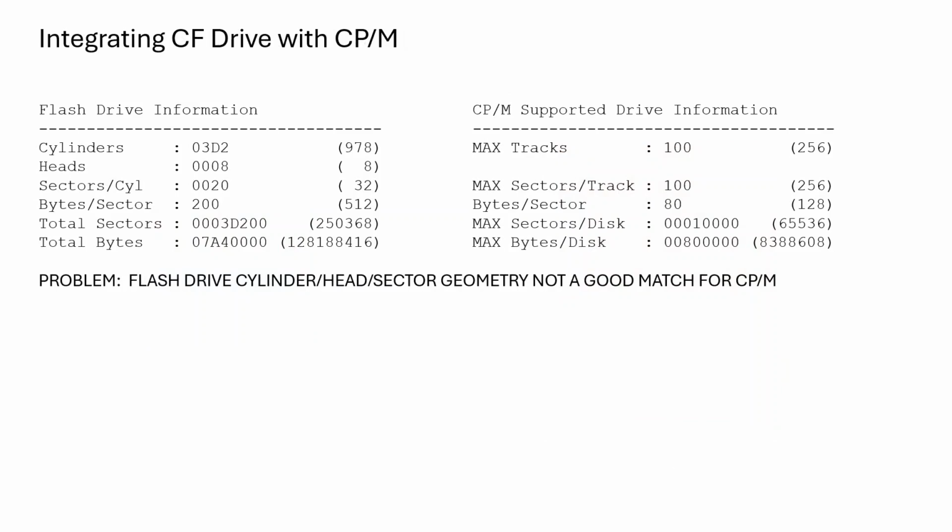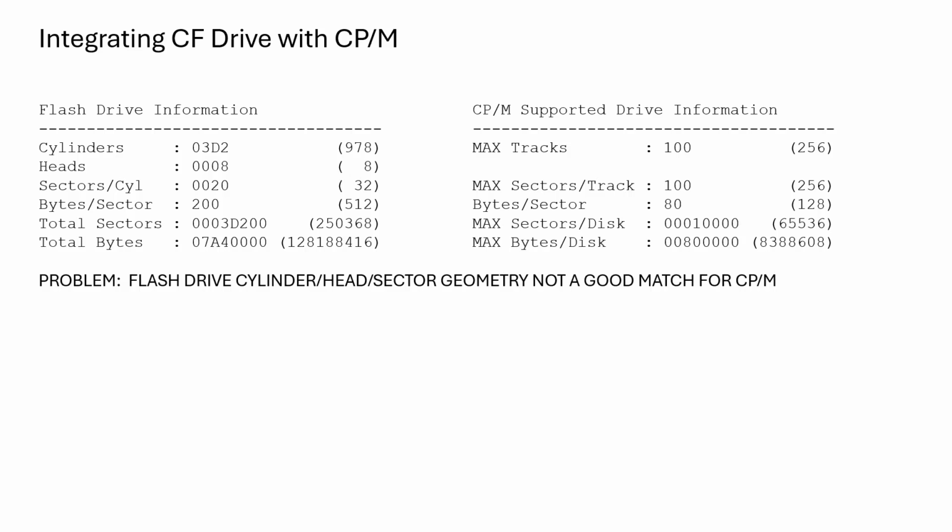Now this is where the first problem occurs. If you look at the flash drive information here, I've got 978 cylinders, 8 heads, and 32 sectors per cylinder. This is the standard CHS format. Most ATA drives will automatically come up in this mode. But look at what CP/M supports.